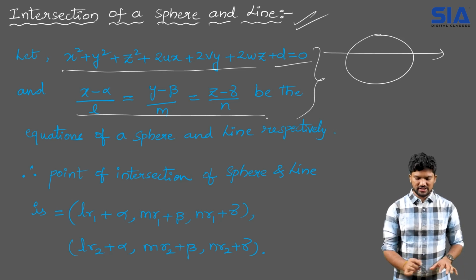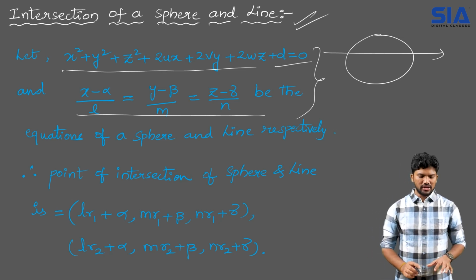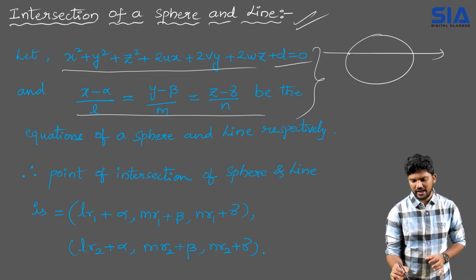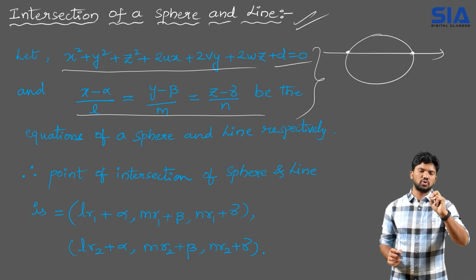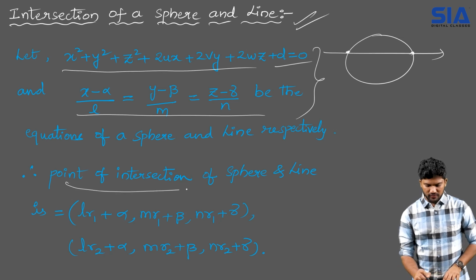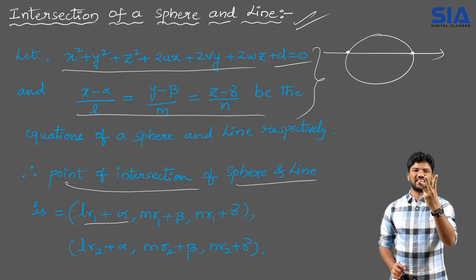These two equations represent a sphere and a line respectively. Now we are taking the intersection of the sphere and line, and we can take it in this format. We will get two intersection points. You have to remember that each and every point has three coordinates.